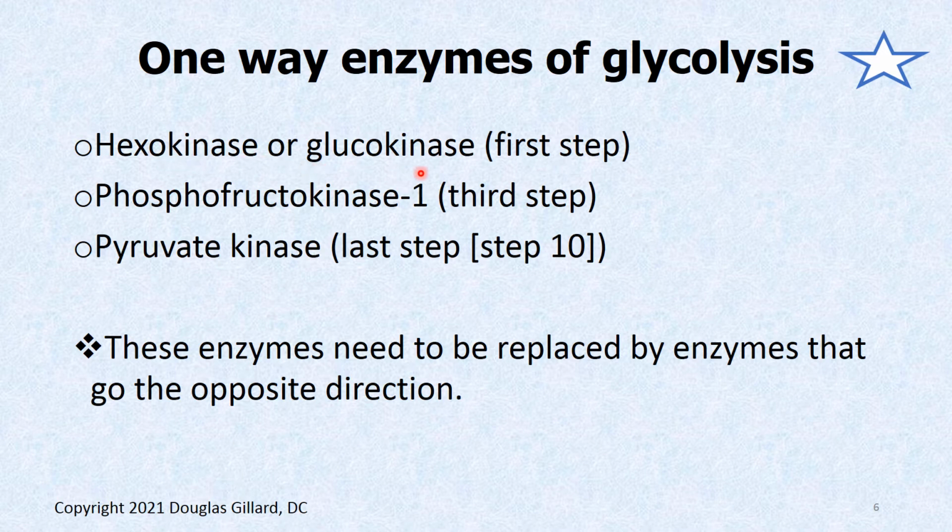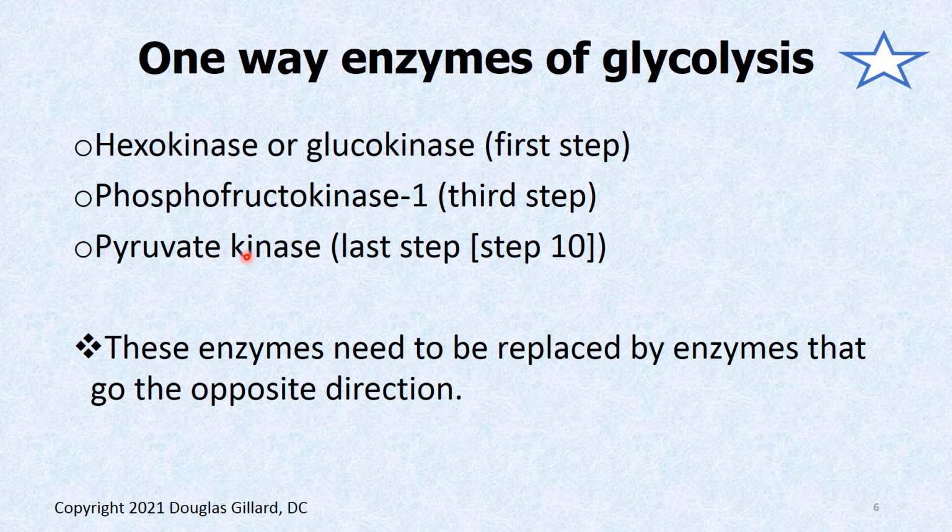And then glucokinase, where's that one? You guys remember that from biochemistry? These are isozymes, by the way. That's that first step. This is what traps glucose inside the cell so it can't get out. Glucokinase is in the liver and in the beta cells of the pancreas. This is a one-way enzyme. It has to be, because you don't want glucose getting out of the cell.